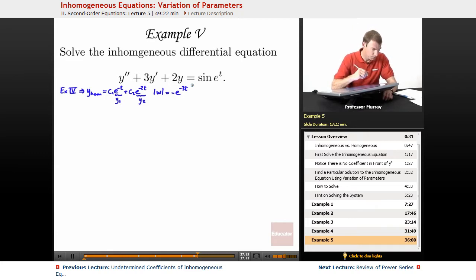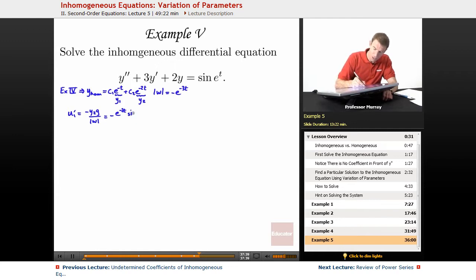So we're in pretty good shape to get started on the inhomogeneous equation here, which means we're going to use variation of parameters. So using our formulas for variation of parameters, u1 prime is negative y2 times g over the Wronskian. So negative y2 is negative e to the negative 2t. g is sine of e to the t.